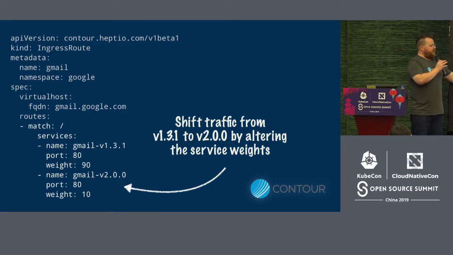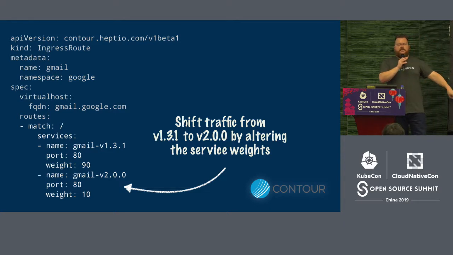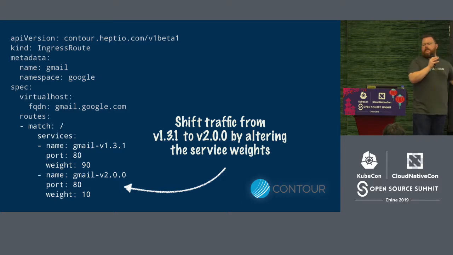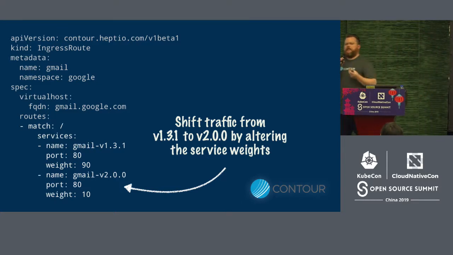And so over time, the amount of traffic being served by the old version moves to the amount of traffic served by the new version as you gain confidence that things are working out. And you can change these numbers on the fly. You just edit this document, kubectl edit, and those changes are applied immediately. There's no restarting, there's no reloading the process, there's no dropped connections while the configuration is reloaded. This happens in real time.